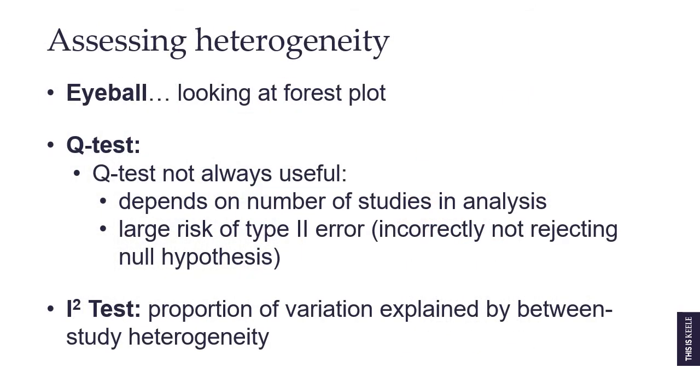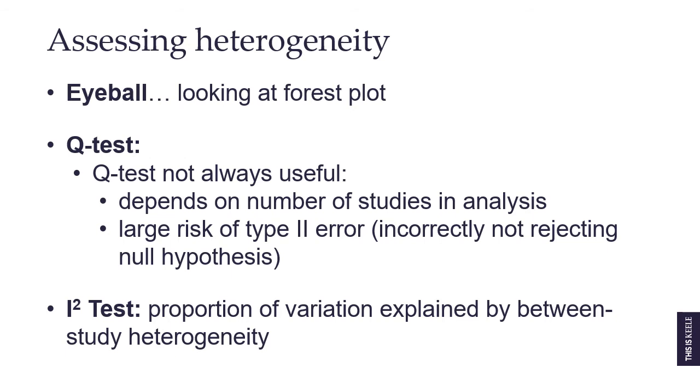So there are different ways to assess the heterogeneity. Firstly, you can just look at the forest plot and the results of the studies to see if they look similar enough, or if there's lots of toing and froing of results and confidence intervals. Then there are also statistical tests.